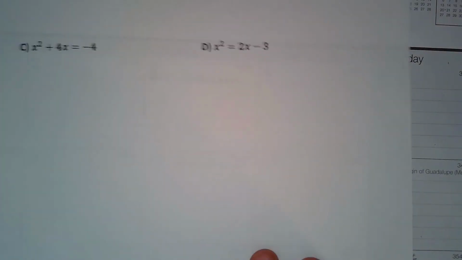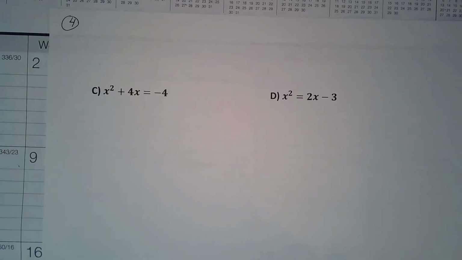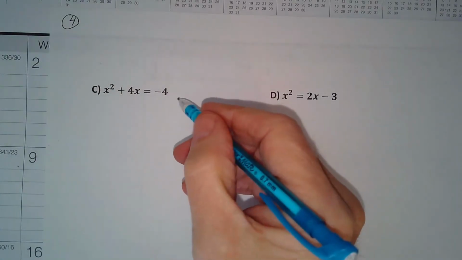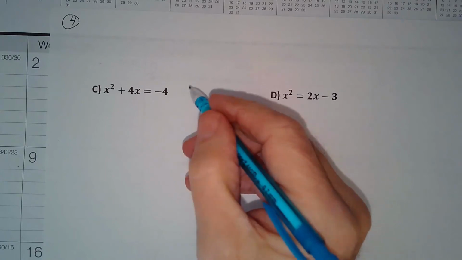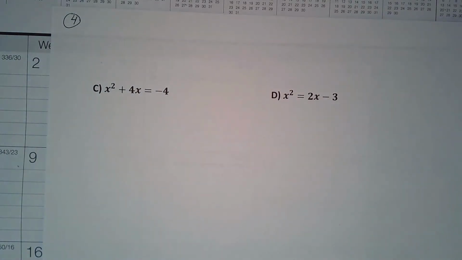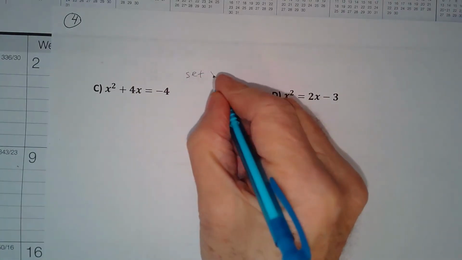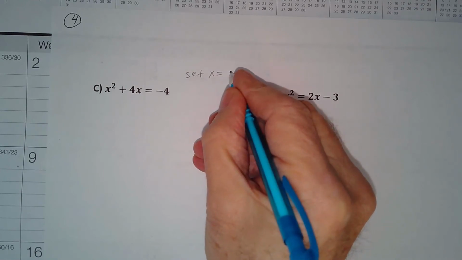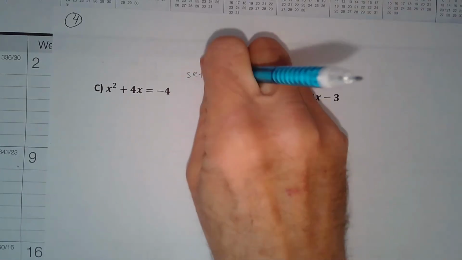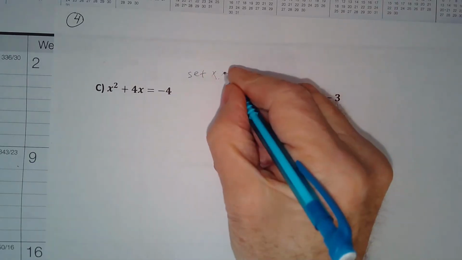So in this case, let's see, x squared plus 4x equals negative 4. We need to get that negative 4 over with the rest of the equation, because we have to set the value of what is over here on the left to equal 0.